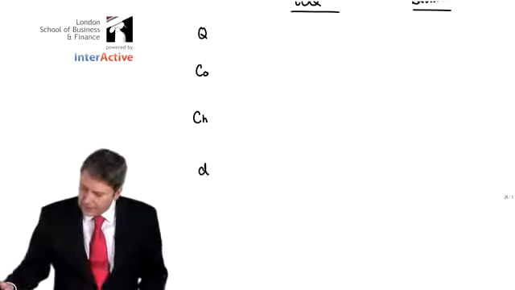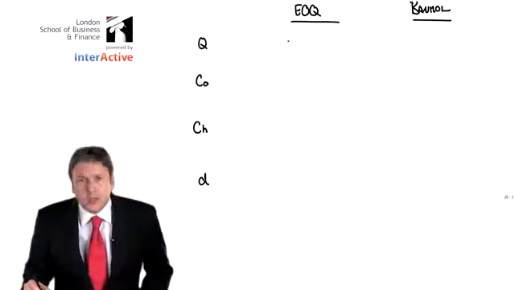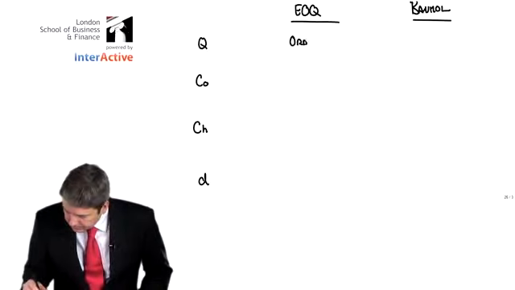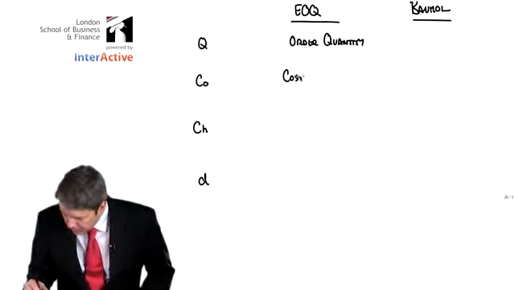So, if we were looking at the economic order quantity, Q was the order quantity. CO was the cost per order.